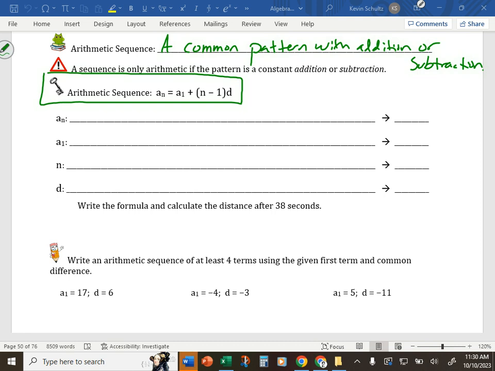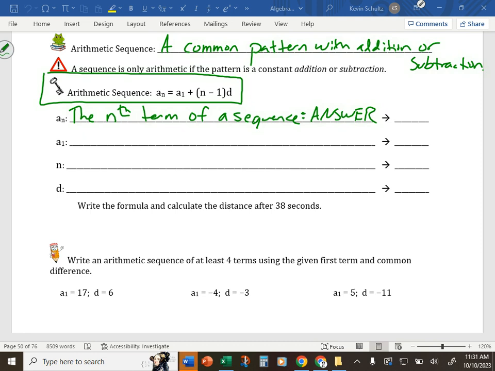Okay, so first of all, let's work through the different variables here so we can see exactly what this is. AN represents the nth term of a sequence. It is the answer, right? It's what we're trying to find.